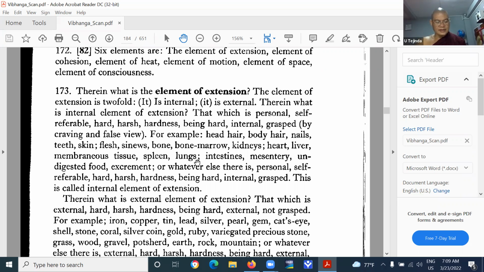Udariya, Karisa. Anta, intestines. Antaguna, mesentery. Antaguna, intestine. The small intestine, we say, the mesentery referred to the small intestine.